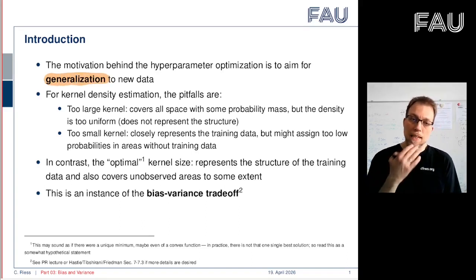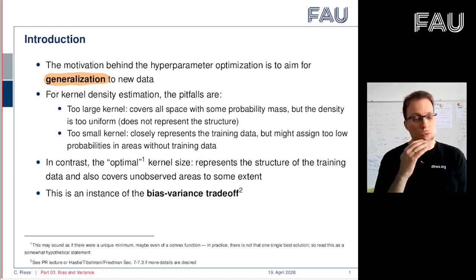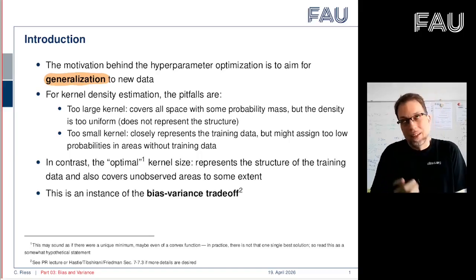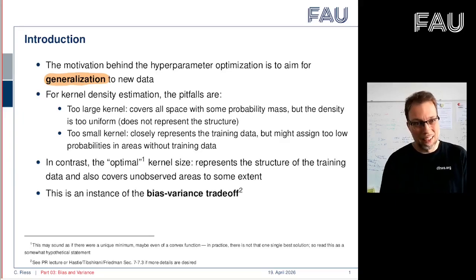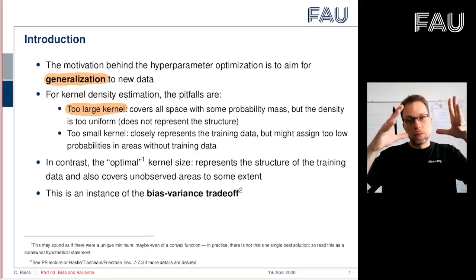And for kernel density estimation, you can ask, what can possibly go wrong? Well, it's a very simple scenario. One possibility is that your kernel is too large. That means you cover a lot of space with your kernel.